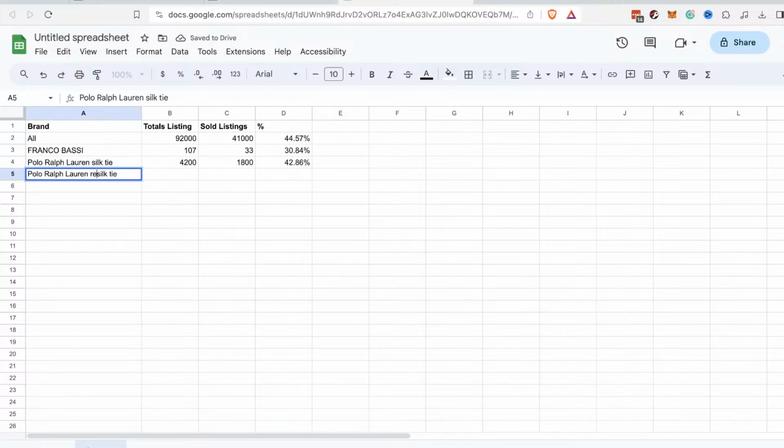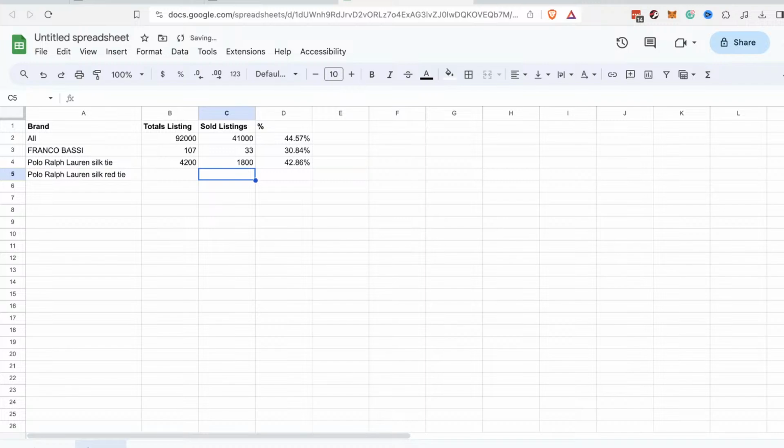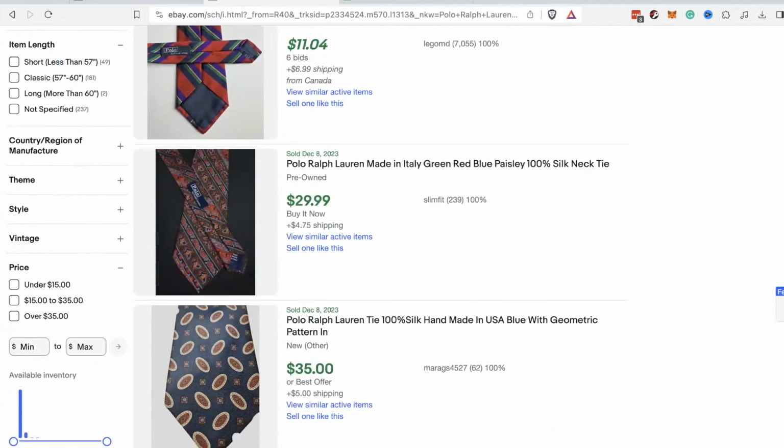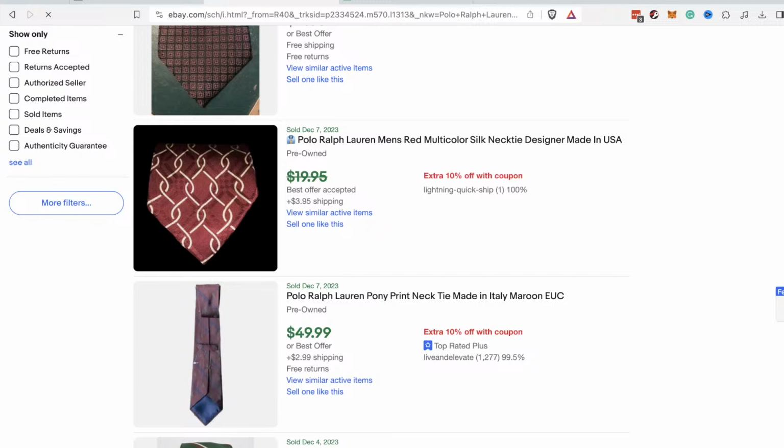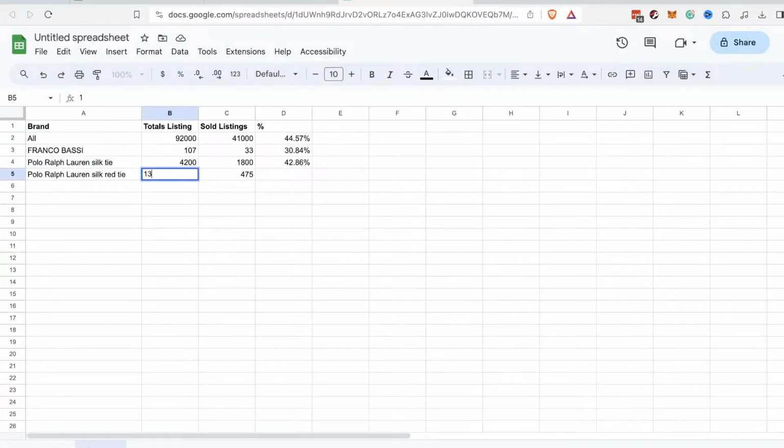So we say red silk. Did I say red silk? I said silk red. Okay, all right. Let's keep it honest so you can do these searches on your own. So this is 475. And then if we look at all listings, no completed, what do we got? 1,300.